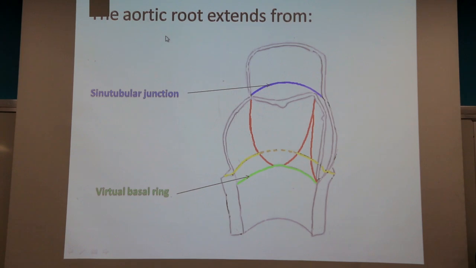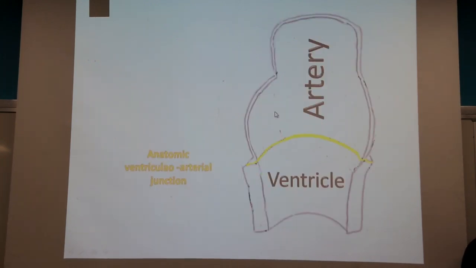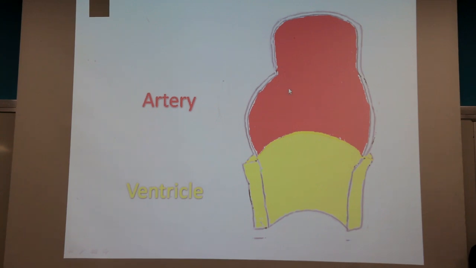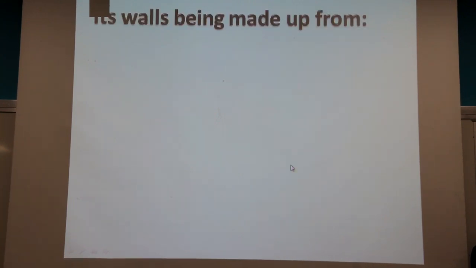So the aortic root extends from the sinotubular junction till the virtual basal ring. So all structures here are included. Here is a ventricle and here is an artery. And here is the anatomical ventricular arterial junction. Here is an artery and here is a ventricle again.